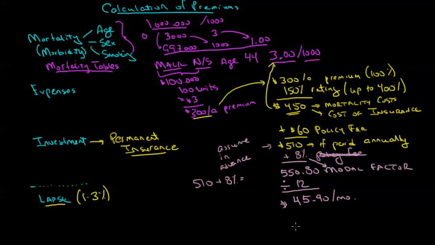Now, when we get later into this course, we'll see that there are some things we can do to create different types of insurance or to average out this cost over a number of years. But for now, this 1-year non-renewable term insurance policy would have a monthly premium of just shy of $46.